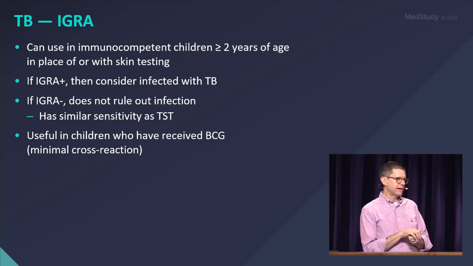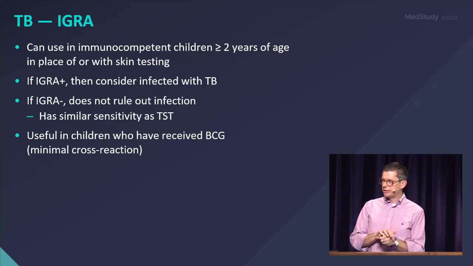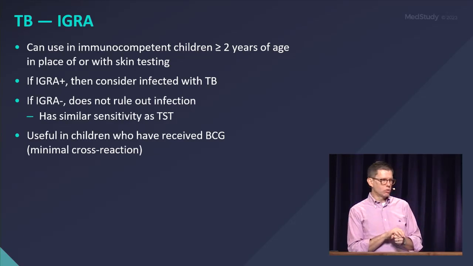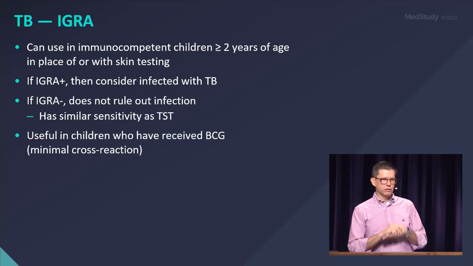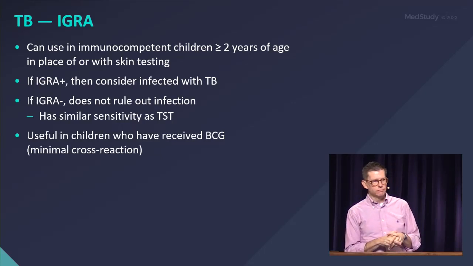They had a BCG vaccine, and they had a positive TST. And the thought is that they have TB. The answer is, on the boards, the BCG vaccine is oftentimes a red herring. Don't think about BCG as a source of positive TST or IGRA. That's not going to be the case.